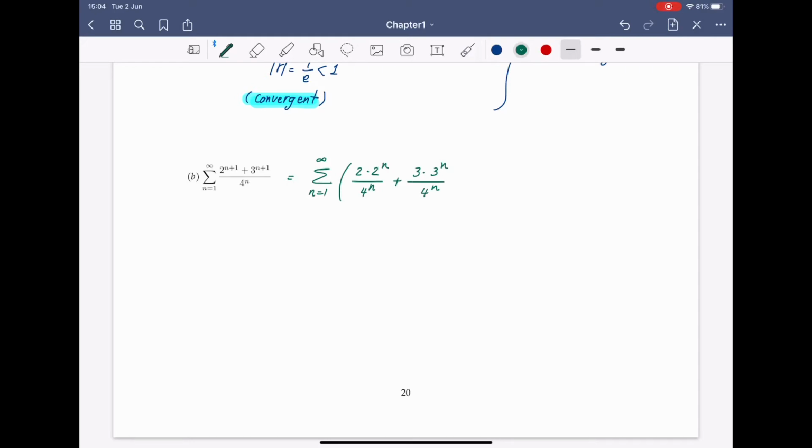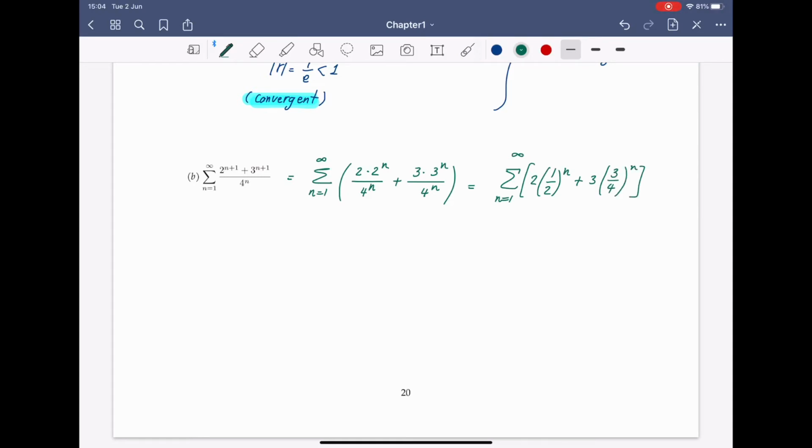All right. And then after that, I have summation n from 1 to infinity. So I have 2 times 1 half to the n, and then plus 3 times 3 over 4 to the n.